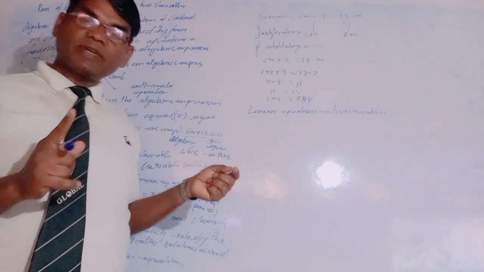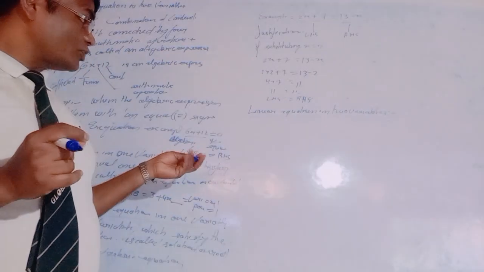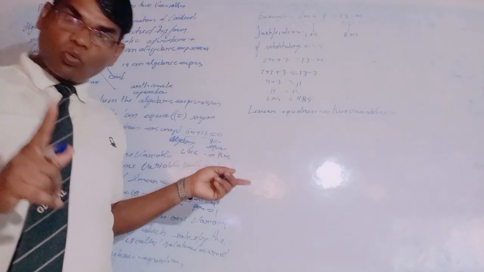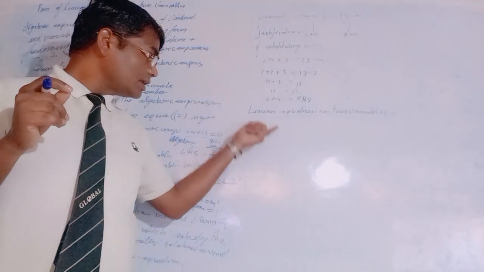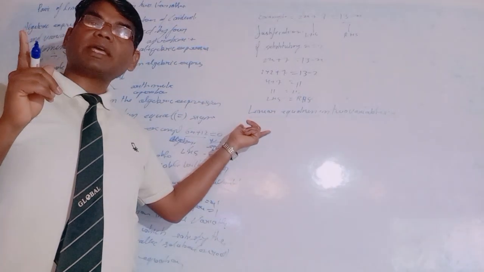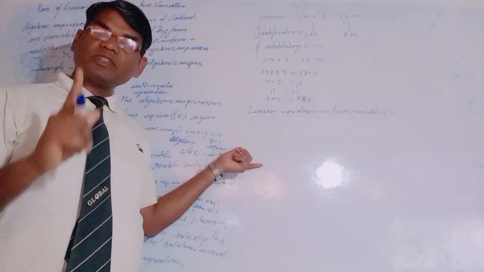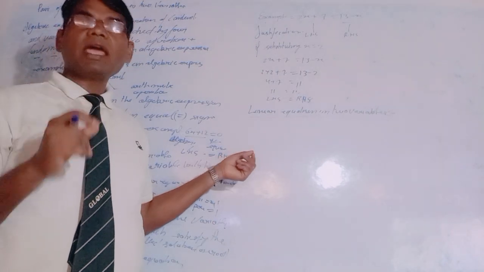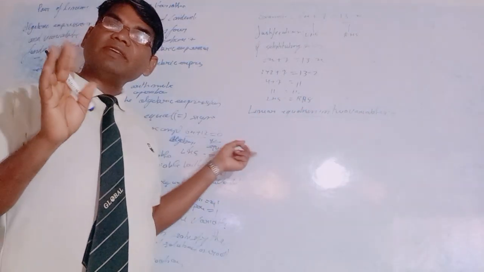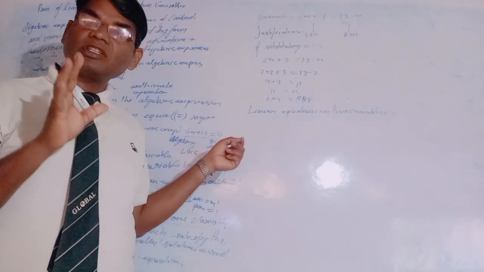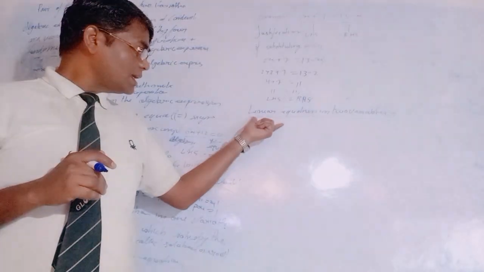Linear equations in one variable are those equations which have highest power 1 and contain one variable. If the linear equation has highest power 1 and its variables are always 2, not more than 2, not less than 2, then it is a linear equation in two variables.